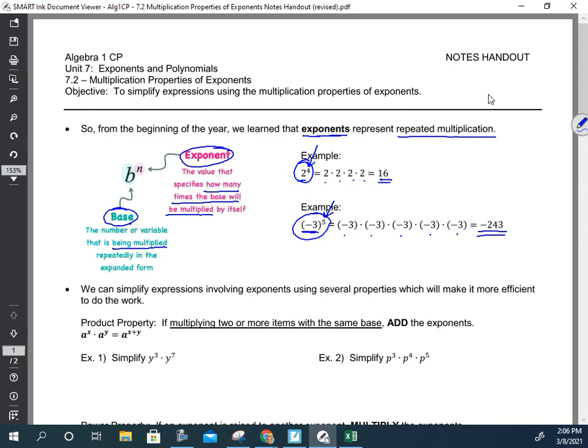So when we were just working with one problem, then it was pretty simple. Write it out, solve it out, done. But we can simplify expressions using several properties, which will make it more efficient and easier to do our work.